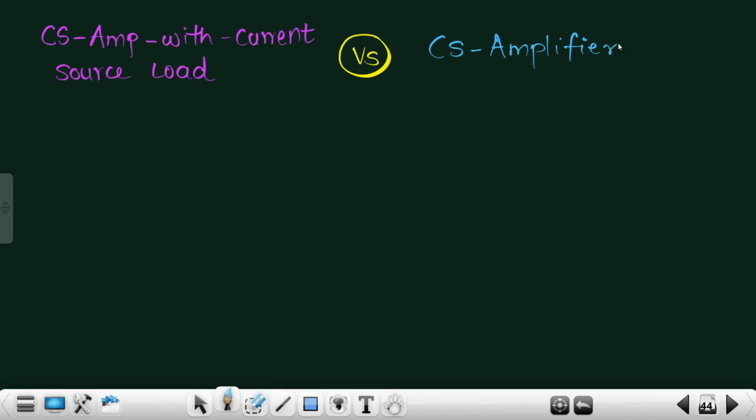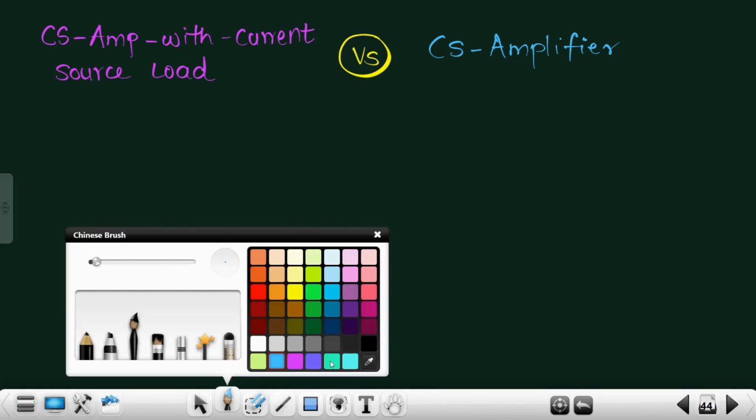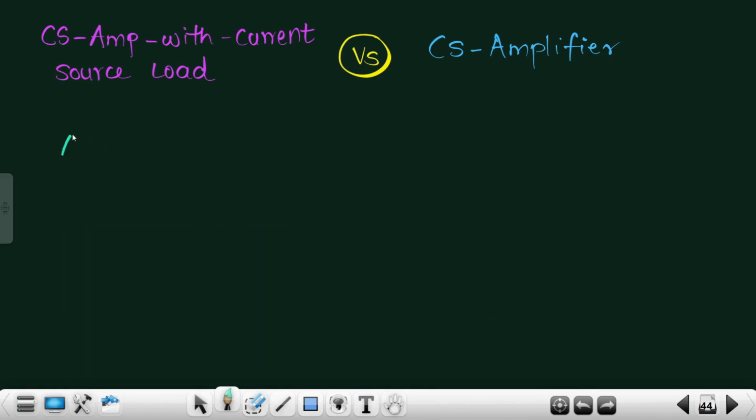Over here we were getting a gain of how much? We were getting a gain of minus 133, and over here the maximum gain that we are getting is around 27.5. The value that we are getting for the Vout was approximately 27.